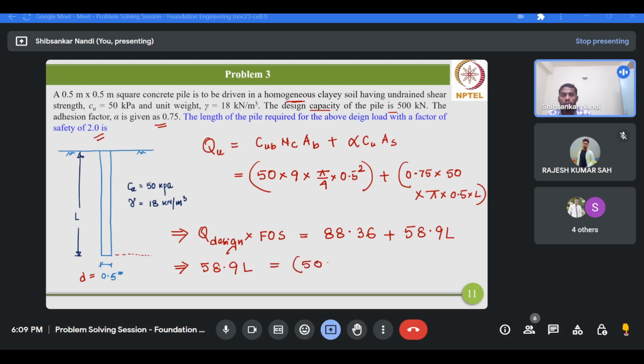So 500 into 2 minus 88.36. L will be 1000 minus 88.36.